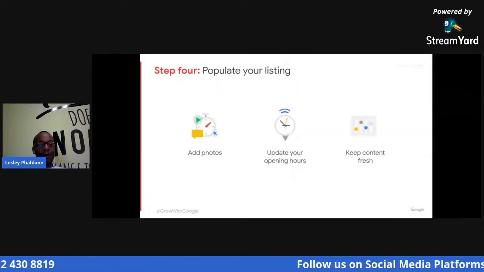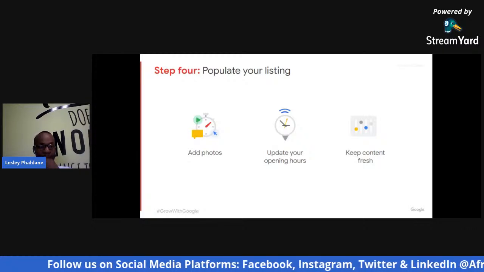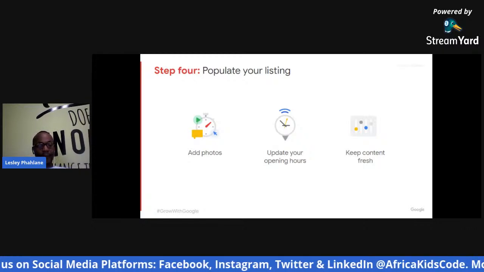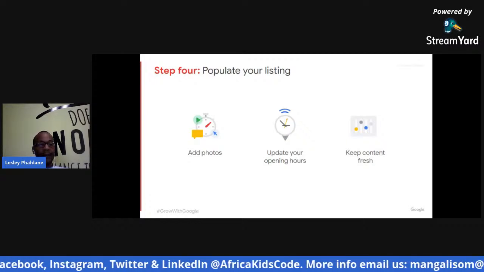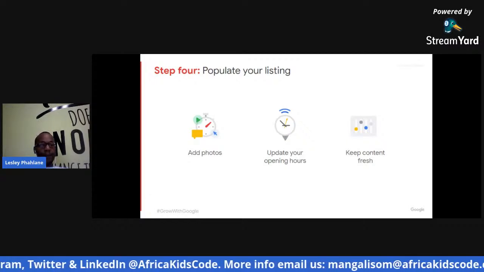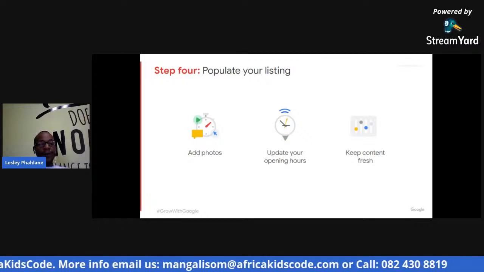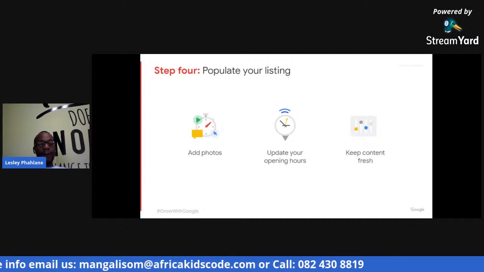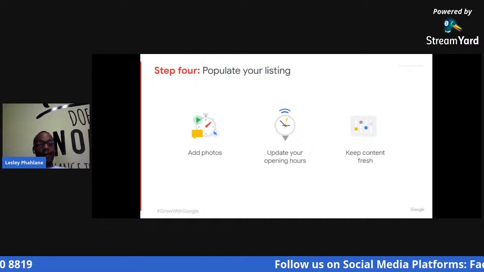And we are now moving on to the last step, which is populate your listing. By populating your listing, you must add photos. Let's say for now, since we are still in the COVID period, maybe you've changed your opening hours, so you should update your working hours so that people can know what times you are operating.